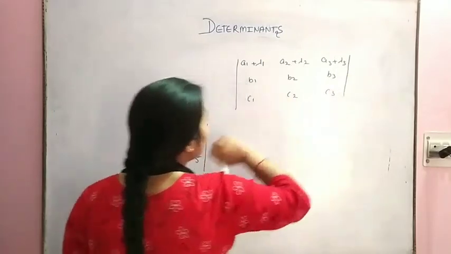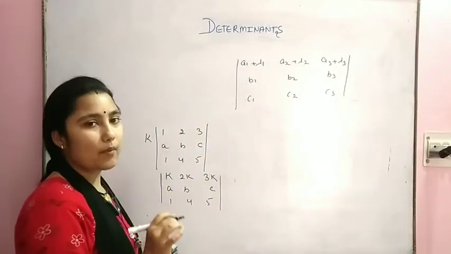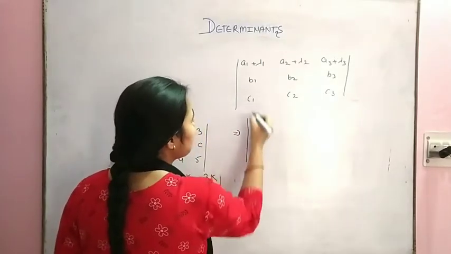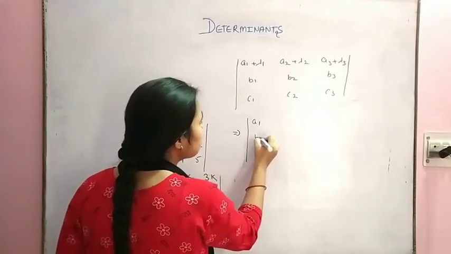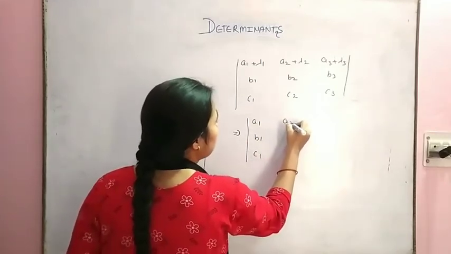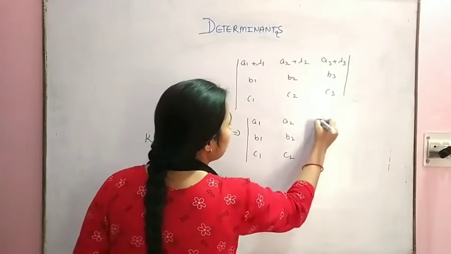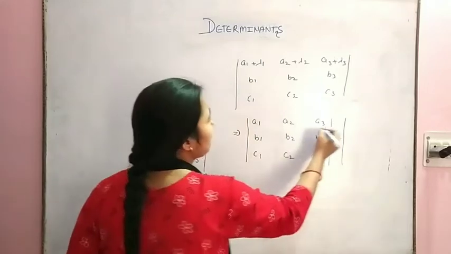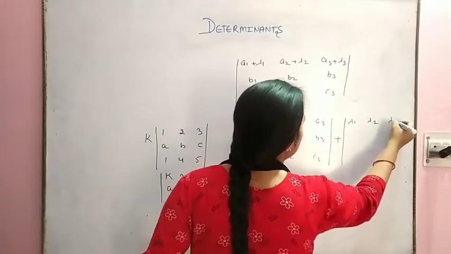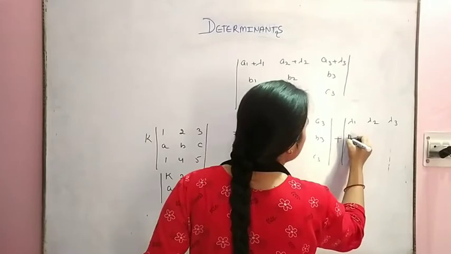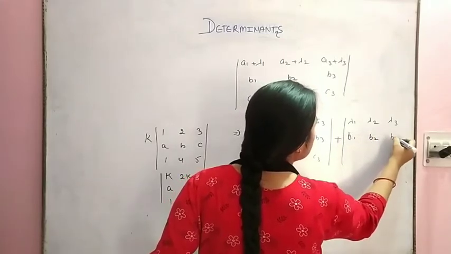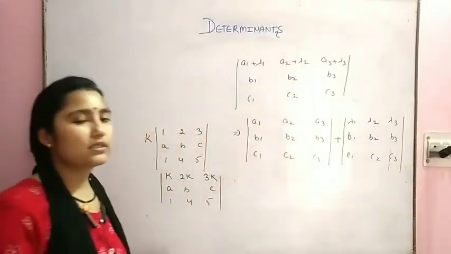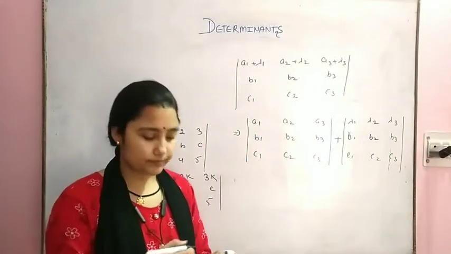If any row or column is expressed as the sum of two terms, then this determinant can be expressed as the sum of two determinants: one with entries A1, A2, A3, B1, B2, B3, C1, C2, C3 plus one with lambda 1, lambda 2, lambda 3, B1, B2, B3, C1, C2, C3.